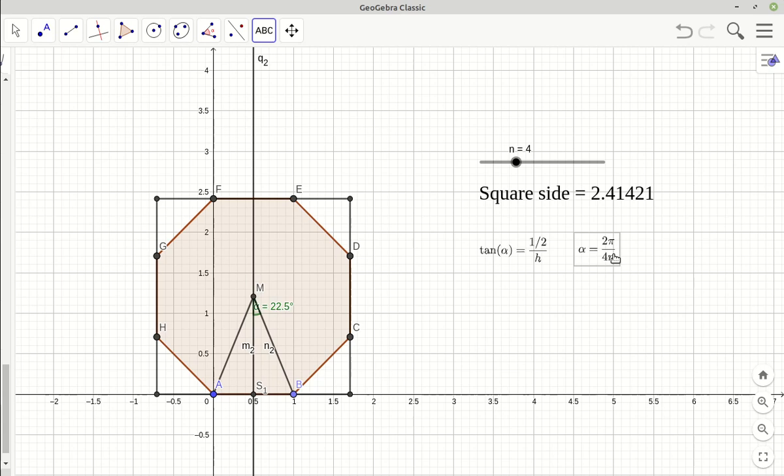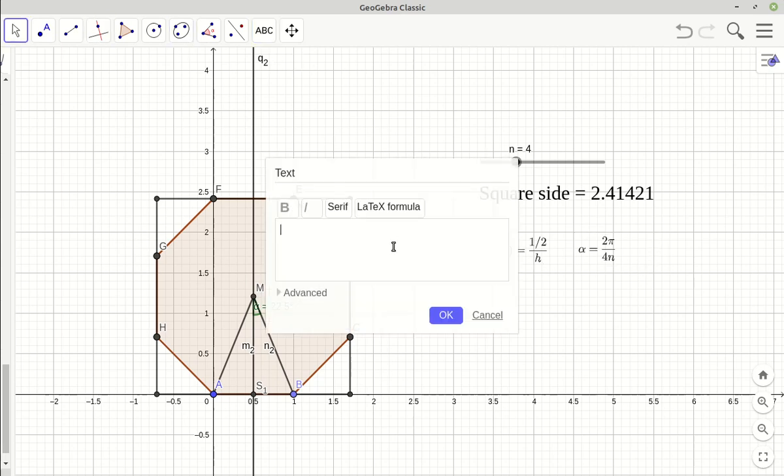Okay, so we first compute this alpha. We can do it as we know both pi and n, and then we compute its tangent, and after we have this tangent we can express h as the result of division of 1/2 by tangent of alpha.